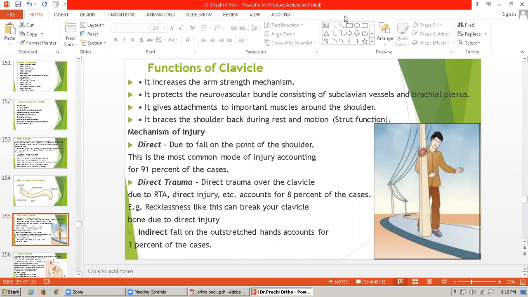It protects the neurovascular bundle consisting of the subclavian vessels and brachial plexus. It gives attachment to important muscles around the shoulder. It braces the shoulder back during rest and motion. That is the strut function.